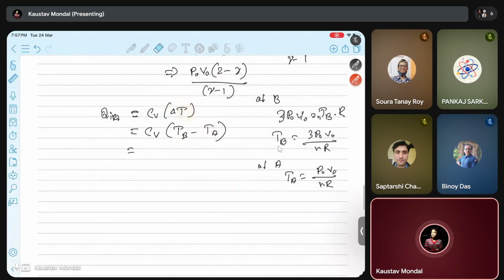So CV into delta T, it will become R by ... 3P0 V0 minus P0 V0.